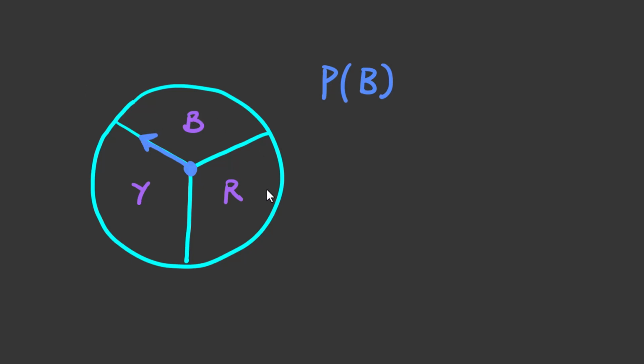Assuming that all these spaces are symmetrical, they're equally divided into 3 parts. Therefore, our total possible outcomes are blue (B), red (R), and yellow, which is 3.